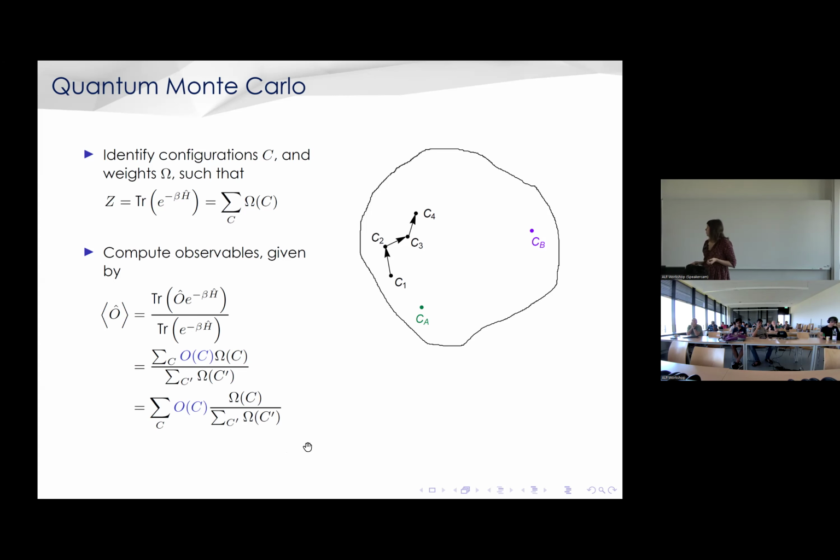If we write it like this, we see that the observables are distributed according to a probability distribution of the weights for each of these configurations, normalized by the sum of all the weights. So the idea is, can we find configurations and weights such that we can select the configurations with this correct probability, because that's what will allow us to compute observables.